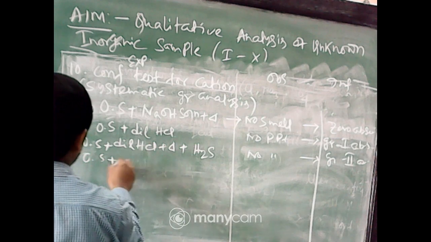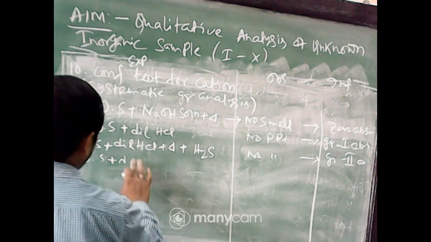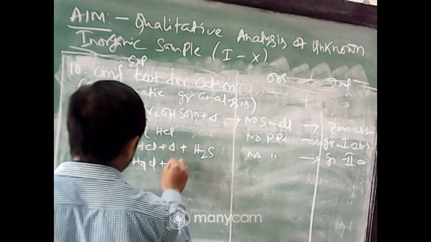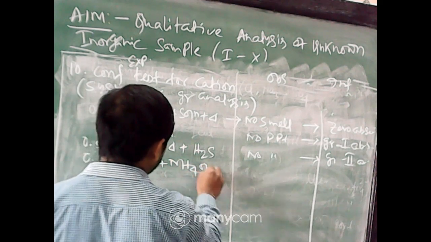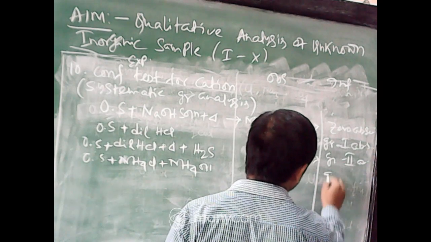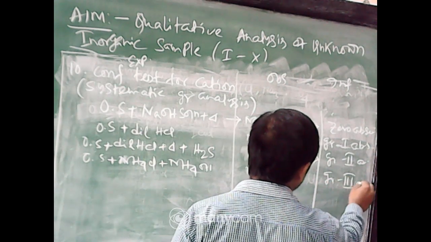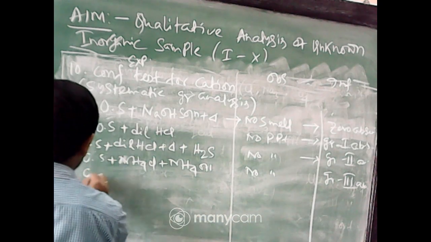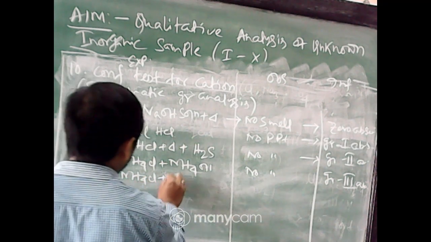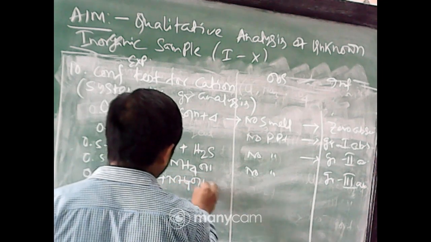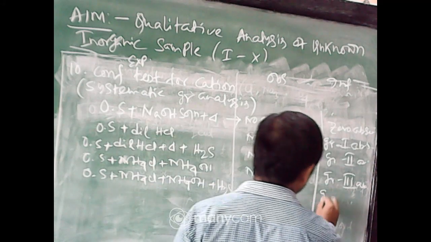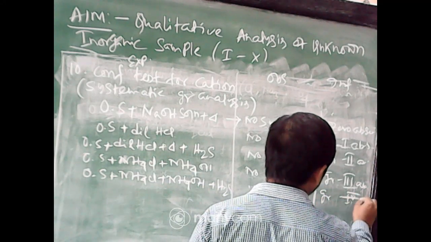For group 3: OS plus NH4Cl plus NH4OH, ammonium hydroxide, no PPT, group 3 absent. Next is group 4: OS plus NH4Cl plus NH4OH plus H2S, no PPT, group 4 absent.